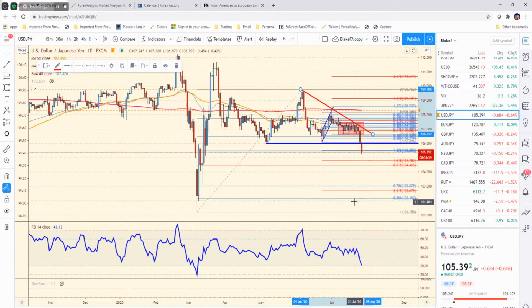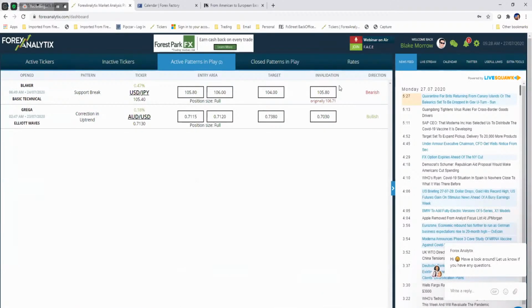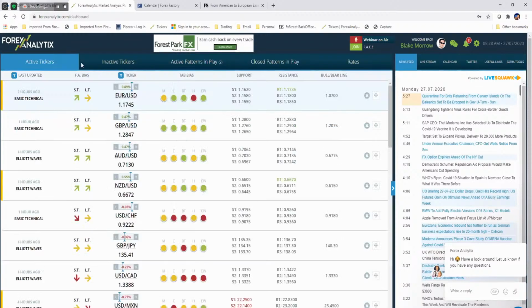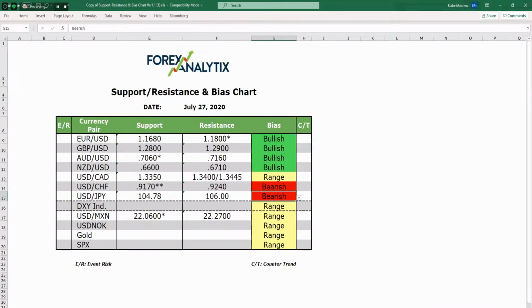And if you use Forex Analytics, you knew that we started getting really bearish actually on Friday on the break below these levels of support. So here's your active pattern in play from Friday. All right. So the dollar yen is bearish. Let's go over to dollar index.